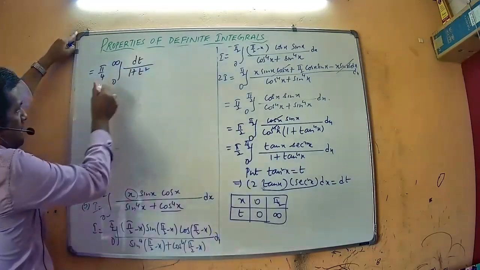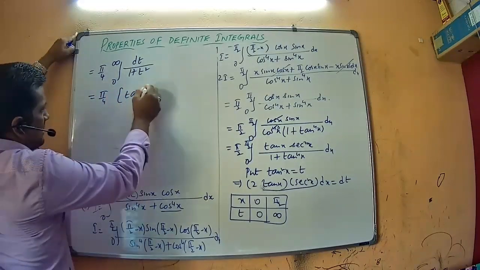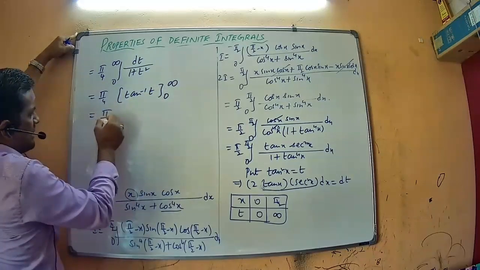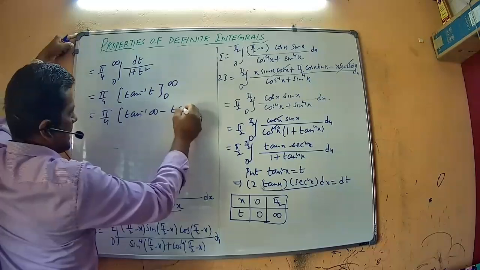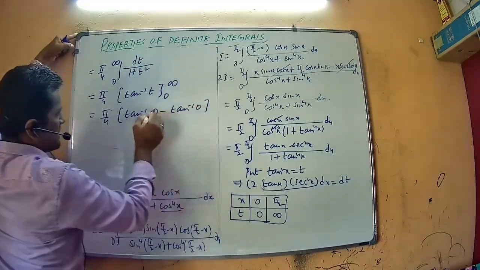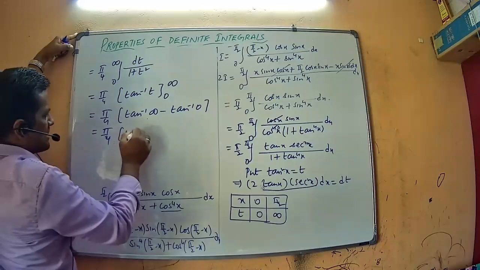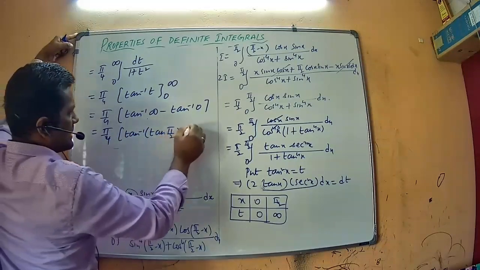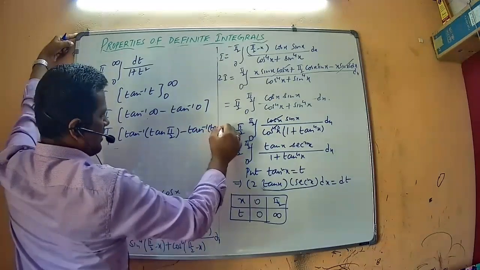So 1 by 1 plus t square integrates to tan inverse t, within the limits 0 to infinity. Now apply the limits. This is nothing but tan inverse of infinity minus tan inverse of 0. Tan inverse of infinity, I can write it as tan inverse of tan pi by 2, minus tan inverse of 0, which is tan inverse of tan 0.